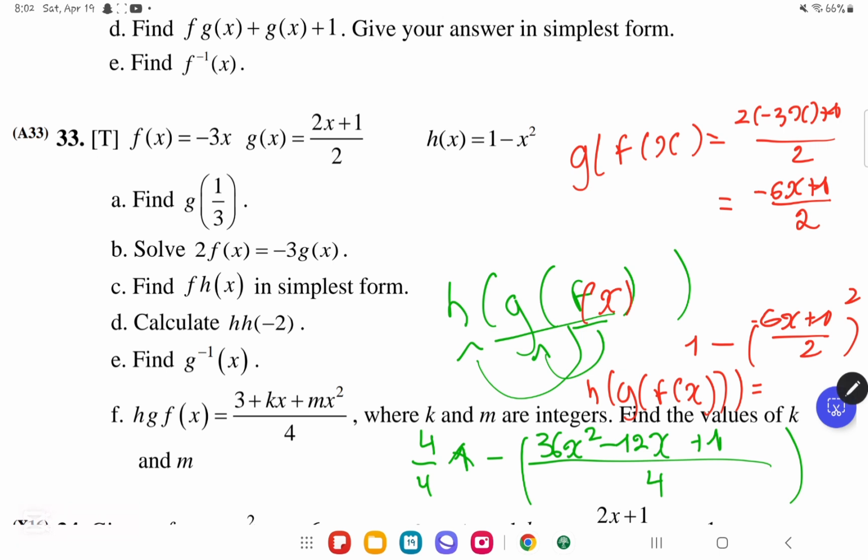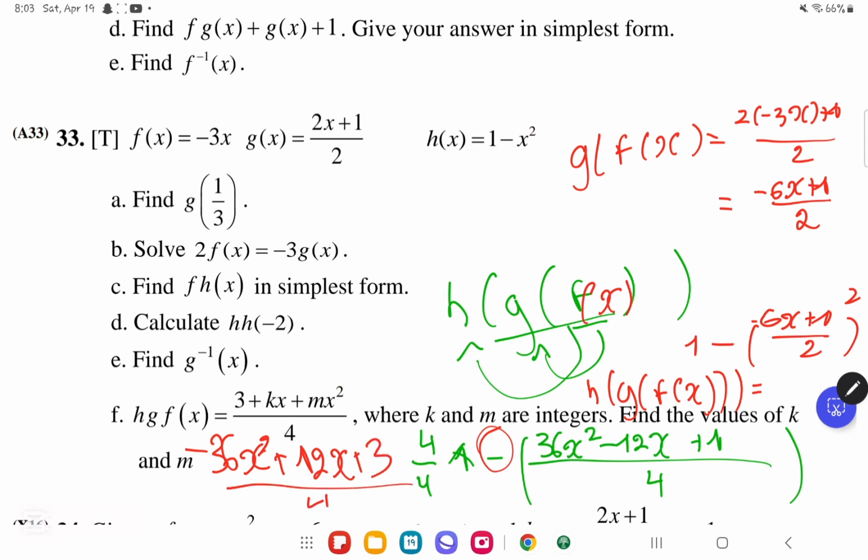You will get that the answer is 36x squared. Actually no, because look, I'm subtracting. My bad. So it's going to become minus 36x squared plus 12x plus 3 over 4.